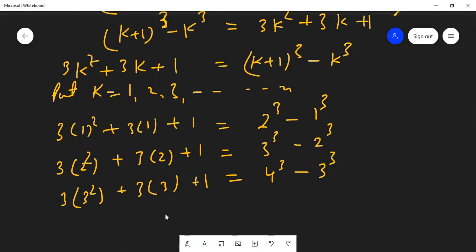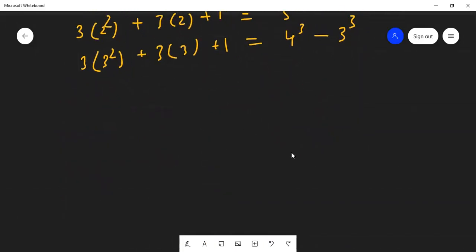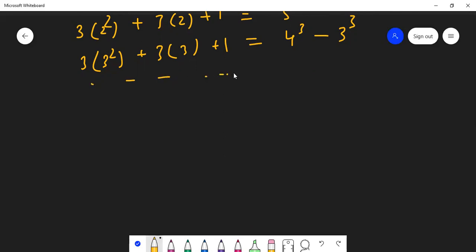So likewise, we will go on putting values of k, and see what we get next. We put k equal to 4, we get some identity. For k equal to 5, I get one more, k equal to 6, and so on. Suppose I now put k equal to n minus 1.